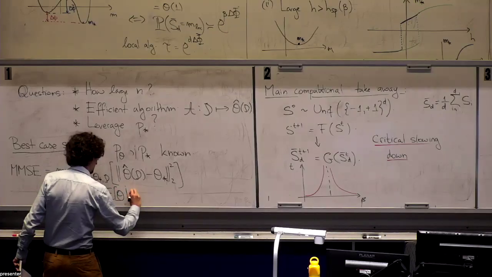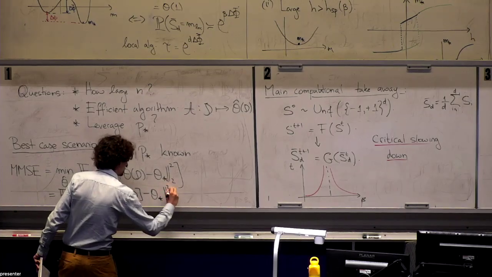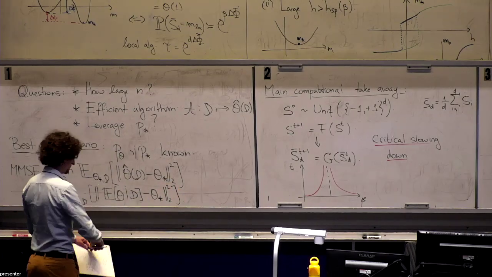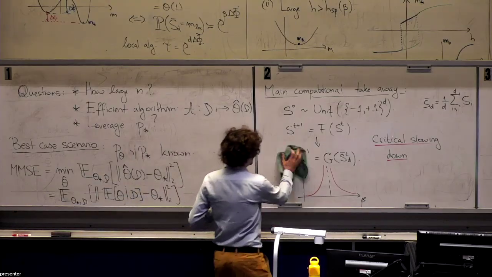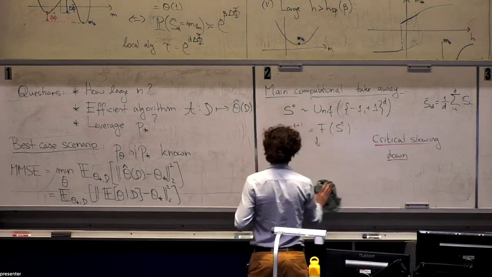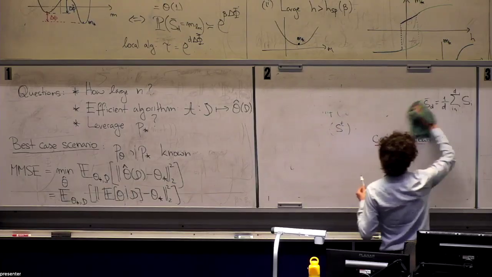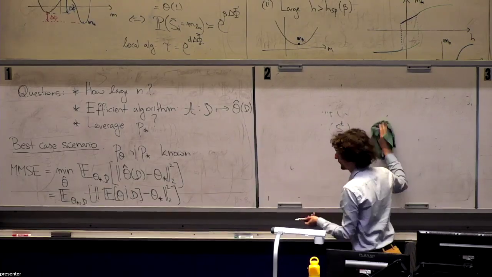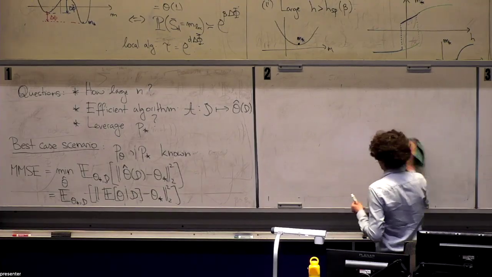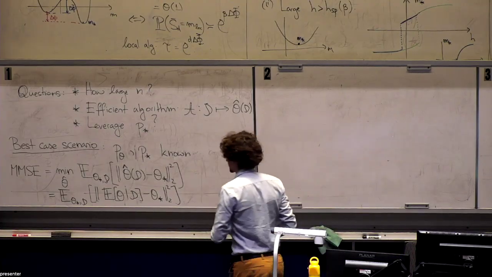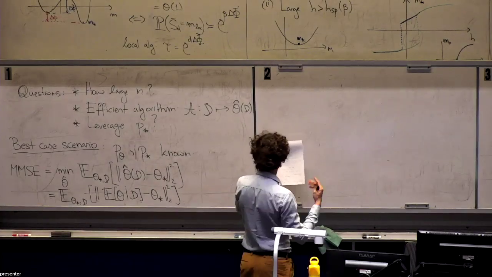The estimator is the average over theta given D, minus theta star. This is exactly the result that Cynthia proved, but she was proving this in terms of mean square error for y, and here is the same result for mean square error on theta. But the proof is exactly the same. You do exactly the same steps that you did about 1 hour ago.